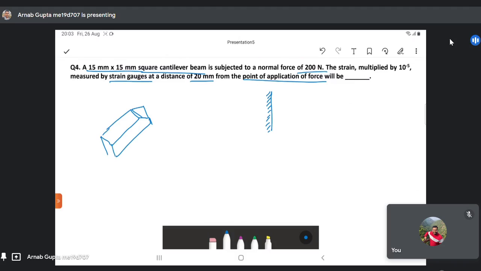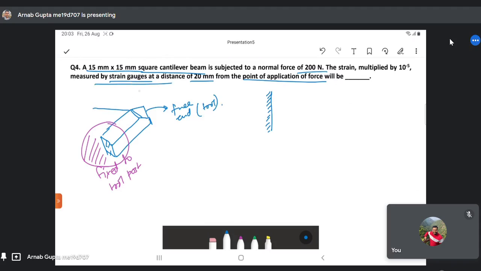You have this particular portion fixed to the tool post, and this particular portion which is the free end, and you have your workpiece material which is being interfaced here. And here the chip is flowing.